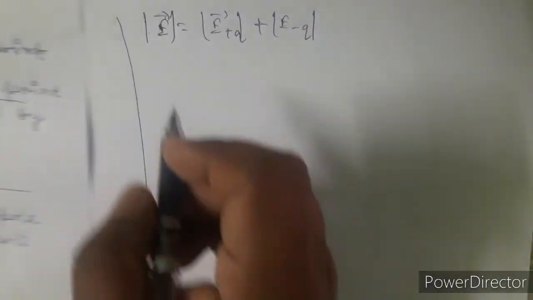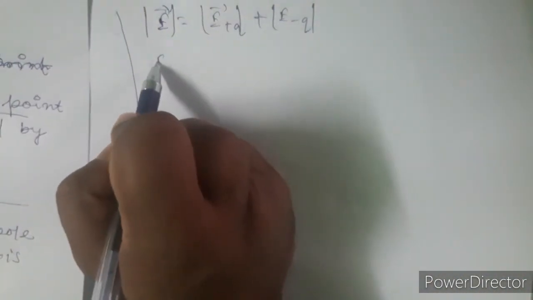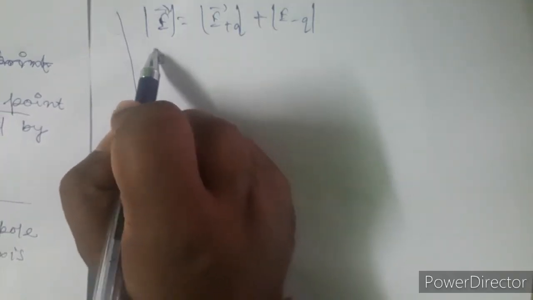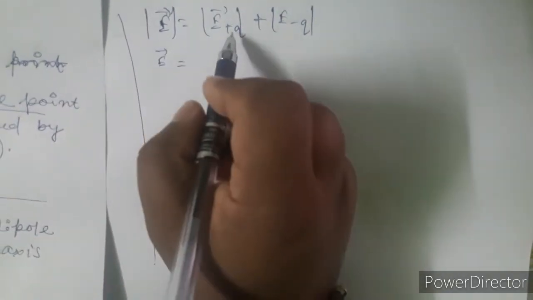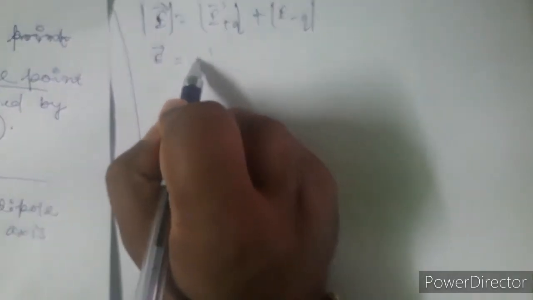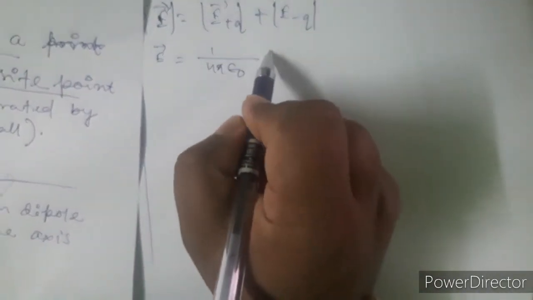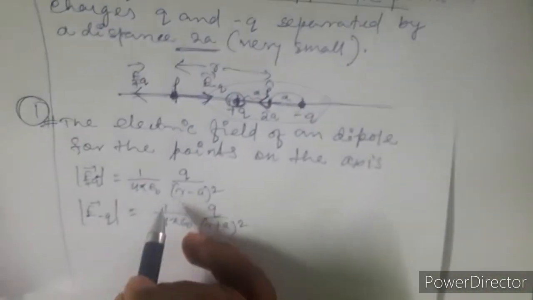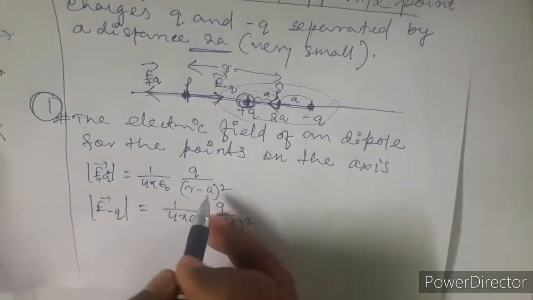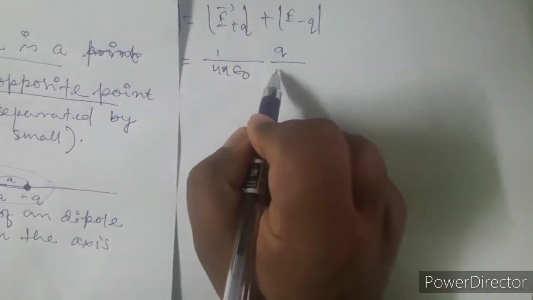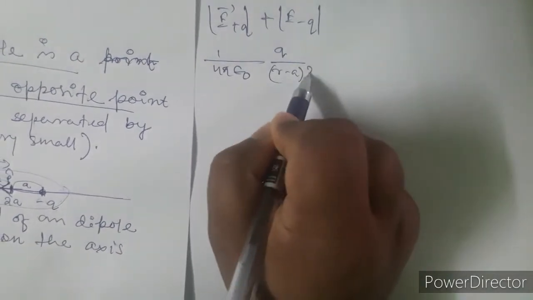So we will write in vector form that E will be equal to E plus q, that is 1 by 4 pi epsilon naught, q by r minus a whole square.